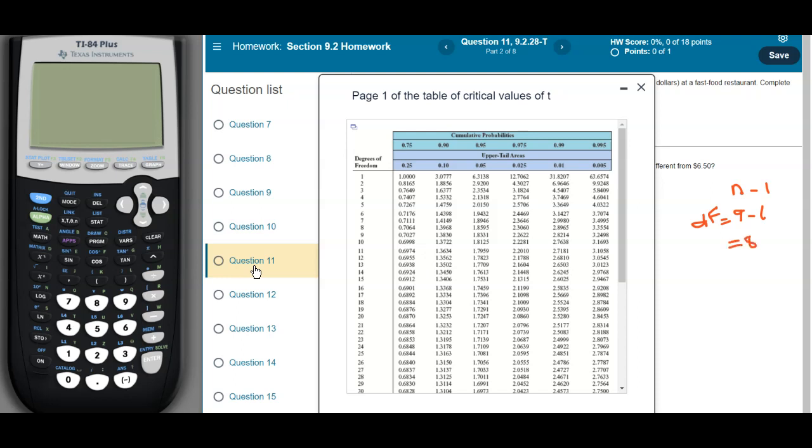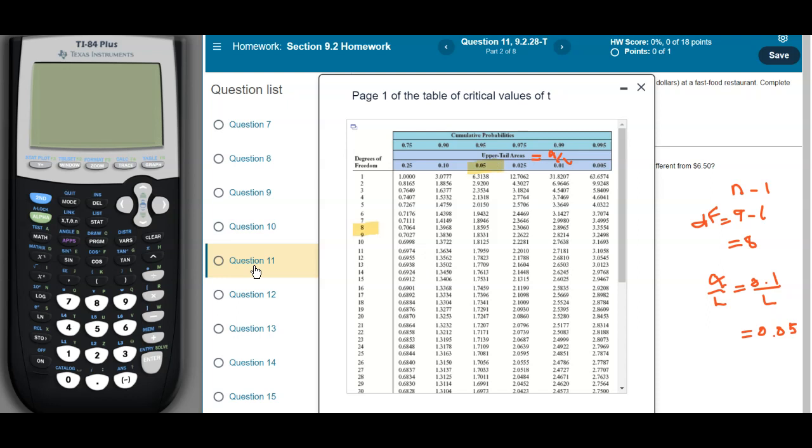Here it says the upper tail area, so I mean only 1 tail, and that's going to be 0.05. That's alpha over 2, which is 0.1 divided by 2, and this is 0.05. So the value that we are looking for is 0.05 here.